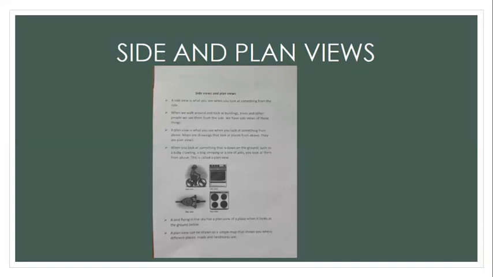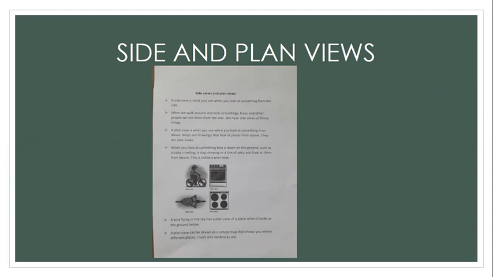Then the second week, after learning what is a map, we focused on side and plan views. Now, when we get these maps, obviously we need to know how to read them, and in order to do that, we need to know what side and plan views are. In this lesson, we found out that a side view is what you see when you look at something from the side.